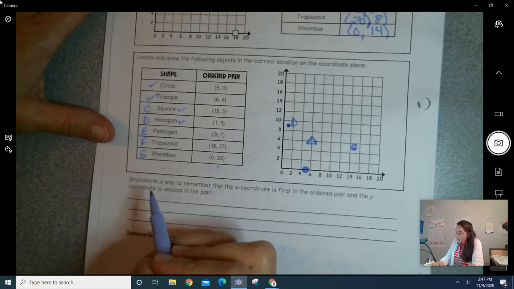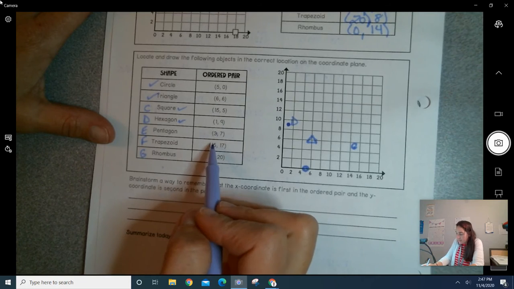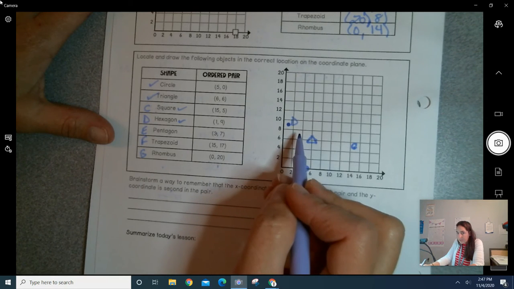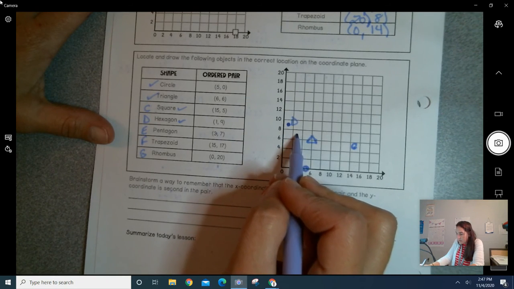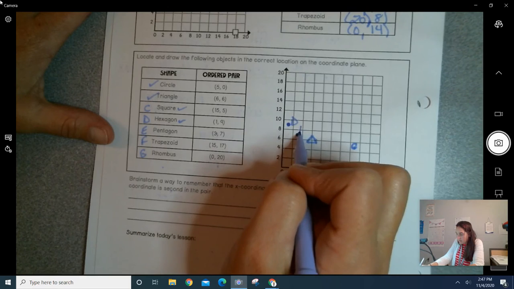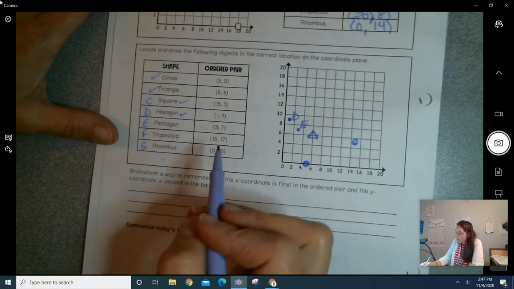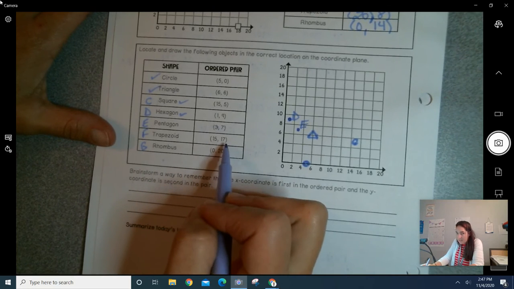Okay, for the pentagon, you should have had it at the point 3, 7. So you would have moved to the right 3, which is right here, and then up 7, which is in between 6 and 8. So you would have been at right about here with your letter E. For a trapezoid, you would have gone to the point 15, 17.